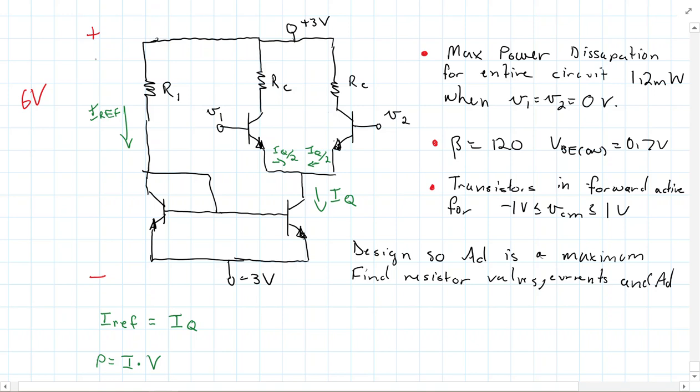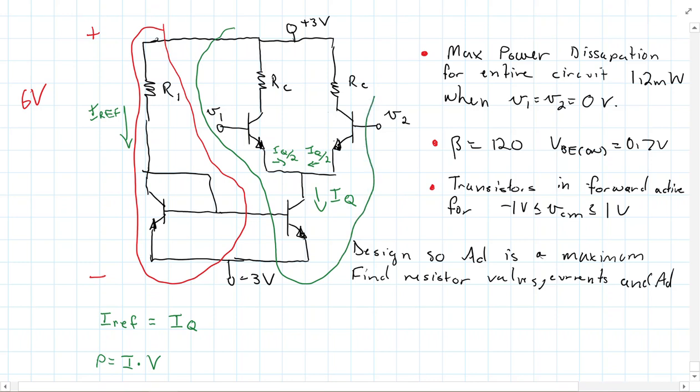Instead of doing dotted lines, I will do solid here. This circuit element here has 6 volts dropped across it, and this combination here has 6 volts dropped across it.